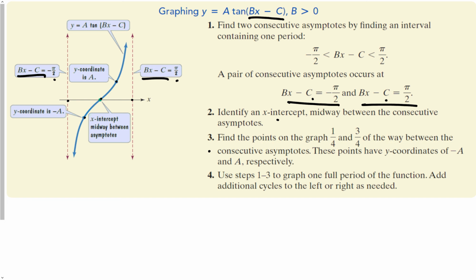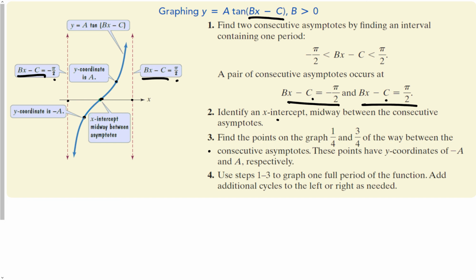So our steps are to find the two consecutive asymptotes, then find the period, the quarter period, and then we start with an asymptote, we go negative A, intercept, positive A. And then if there's a D, if there's a midline, right, we're going to have to add that to all of this, right? This is the middle, so it's not technically the min anymore.